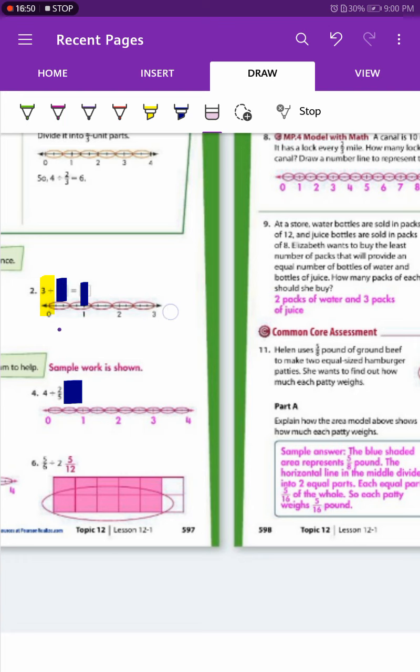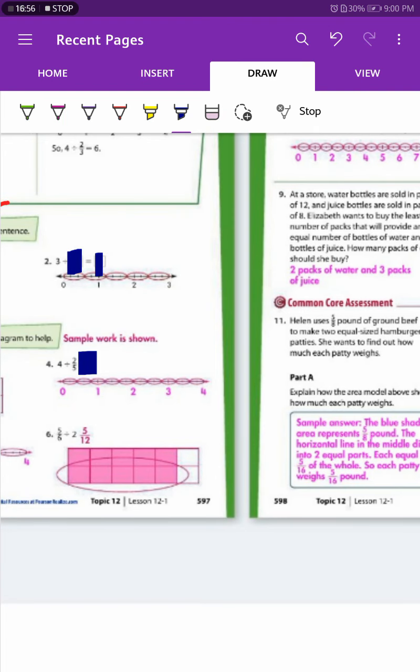We're done with the dividend. The divisor, sorry. The divisor, how do I get it? Okay, how many parts between 0 and 1? It is 1, 2, 3, 4, 5. So down, the divisor, it is 5. What about up? It is 1, 2, 3. He jumped by 3. So the divisor will be 3 over 5.